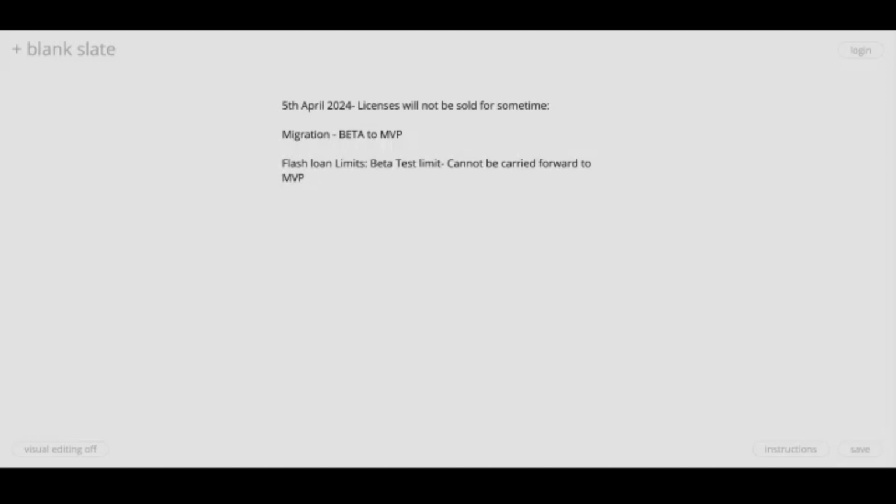Every beta test limit has to be finished, or if you don't finish, it will lapse. It will not be carried forward because MVP will have an altogether new smart contract.